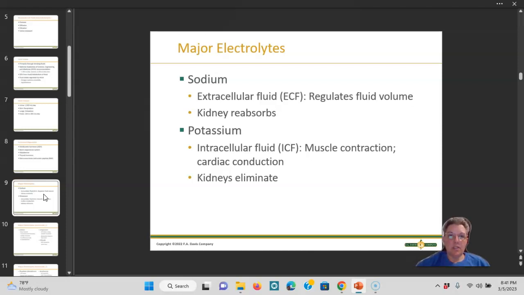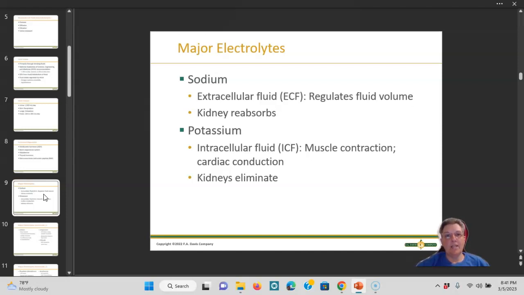Potassium is an intracellular fluid, and it can cause muscle contraction and cardiac conduction issues. So whenever you talk about potassium, just consider the heart, because those contractions are either happening too much or too little, and we have cardiac arrhythmias due to the dumping of potassium.